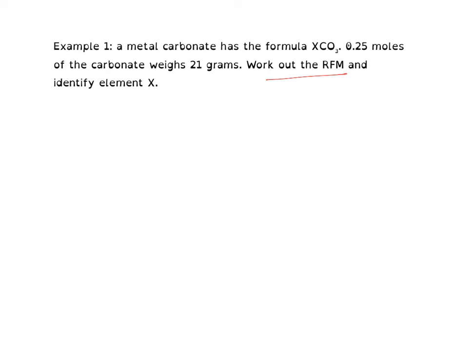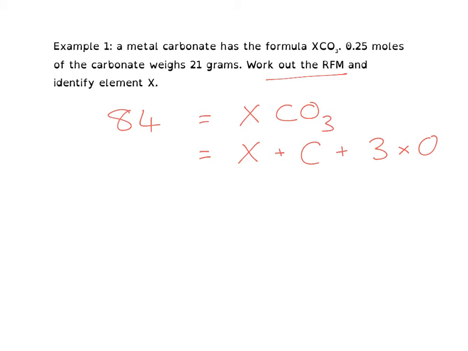So I've worked out the RFM. The RFM was 84. And what 84 equals is the RFM of XCO3. So if I was working out the RFM of XCO3, there was one atom of X, there is one atom of C, and there are 3 atoms of oxygen. So I can substitute in the numbers that I know. I know the whole thing adds up to 84.